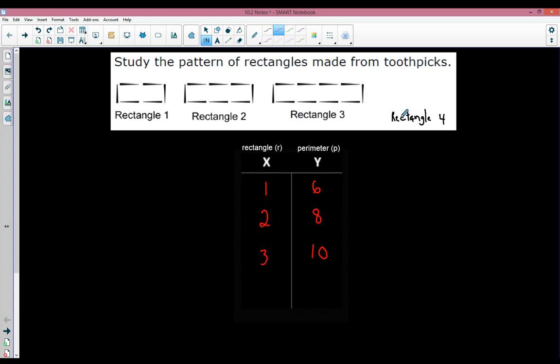Now we're asked, how many would there be in rectangle 4? We could look at the pattern. It seems like it's going up by 2. So if the pattern is increasing by 2 each time, then in rectangle 4, we would need 12 toothpicks.